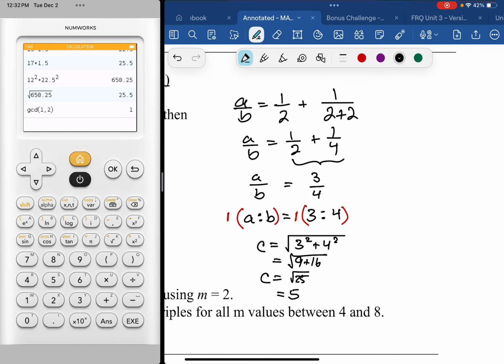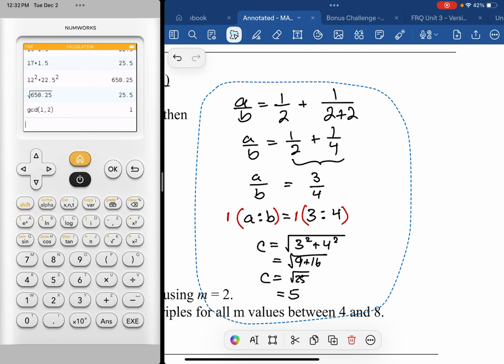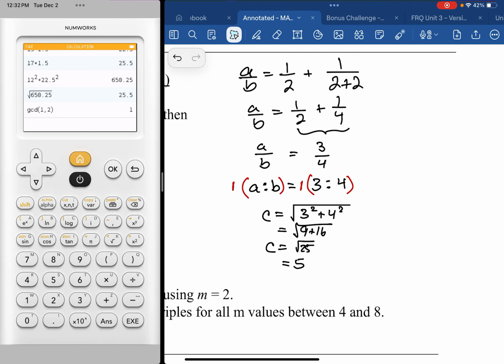So I would have a triple out of this, and this would be a primitive triple, because if that multiplier is just a 1, then that would be the only common factor. They meet the requirements, even though it doesn't really explicitly say it in this method. If it meets the requirements of having different parity and of being coprime or relatively prime, then it would be primitive.